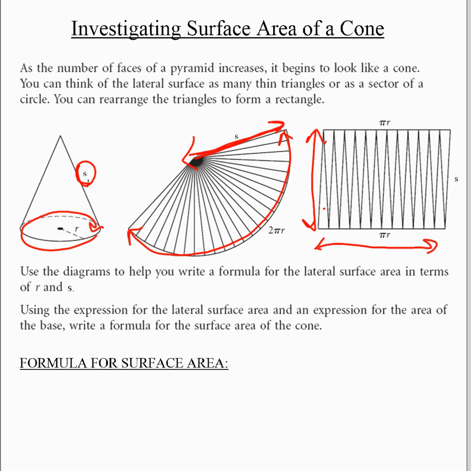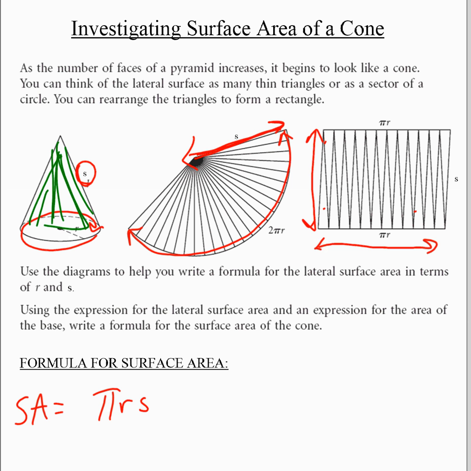So if we keep that in mind, what would the area of this rectangular shape be, which is the same as the lateral surface of the cone? Well, that would just be pi r s, because it's length times width, or base times height. For a cone, that represents this lateral part, the part that I'm coloring in green.